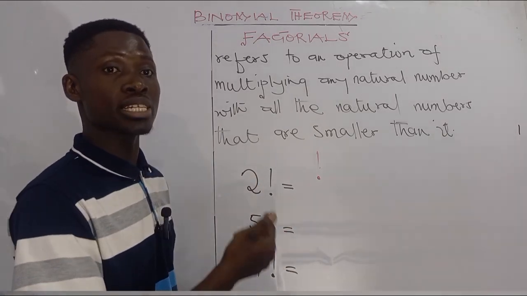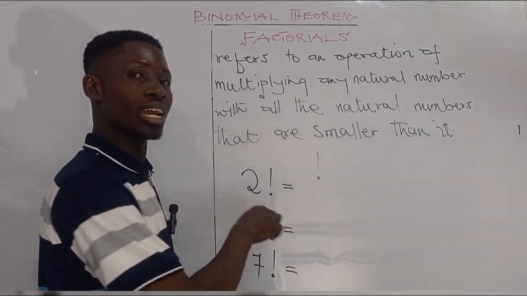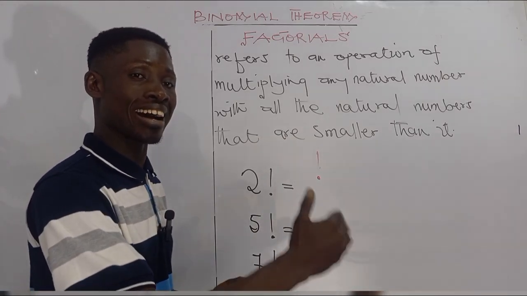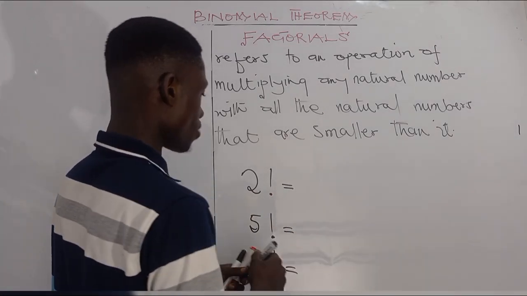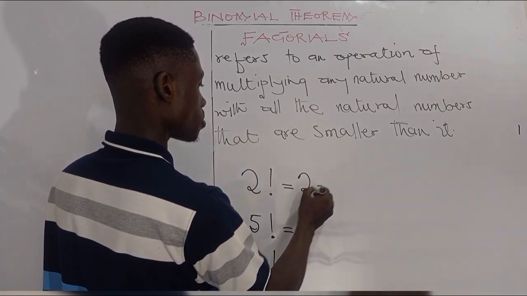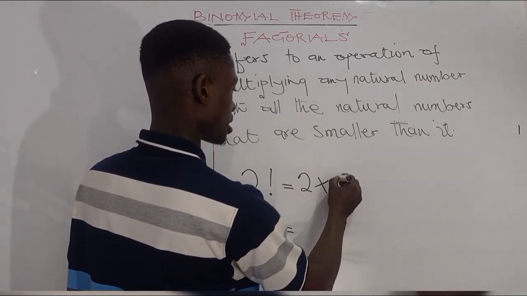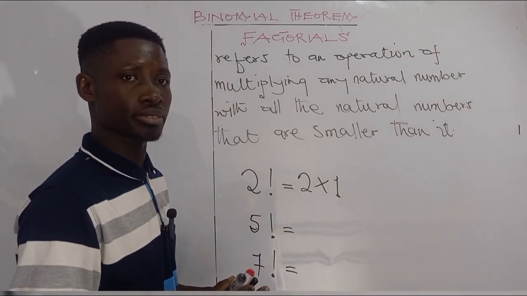2 factorial means we have to multiply the number 2 and all those natural numbers that are lesser or smaller than 2. Therefore, 2 factorial means the number 2 multiplying all the natural numbers that are lesser than it.